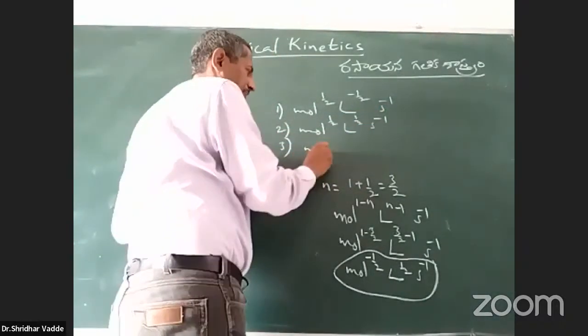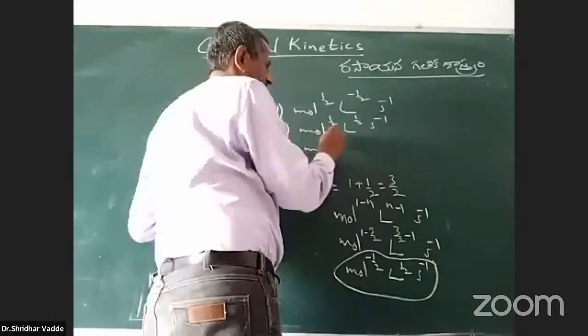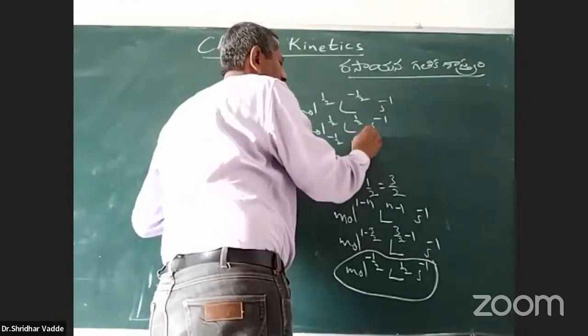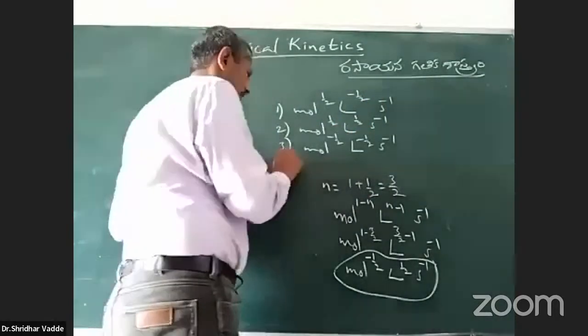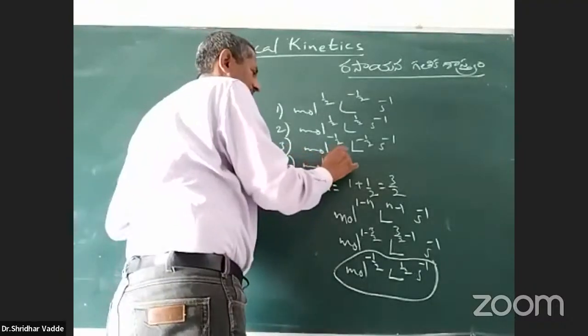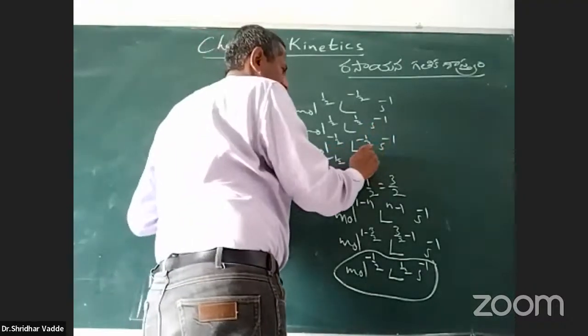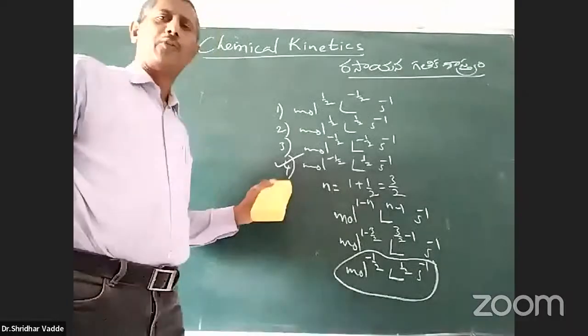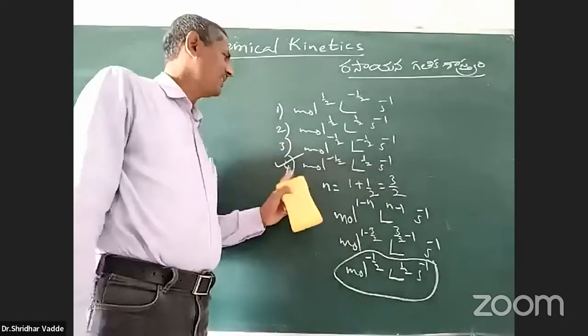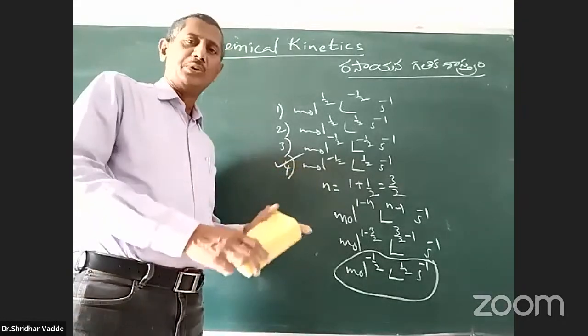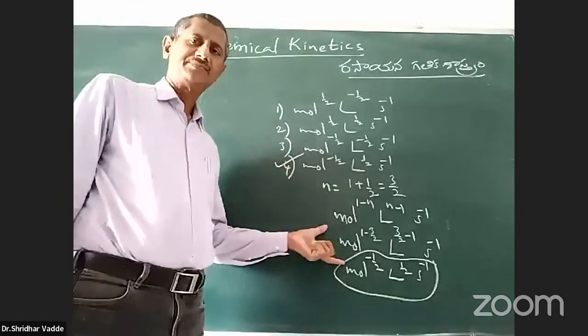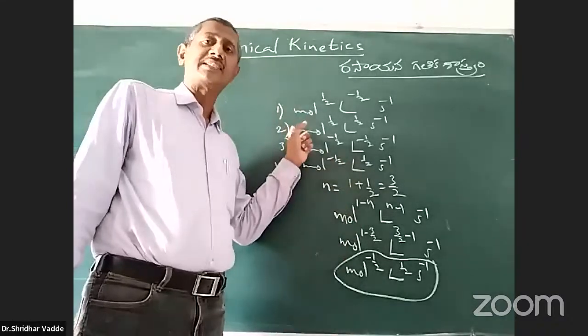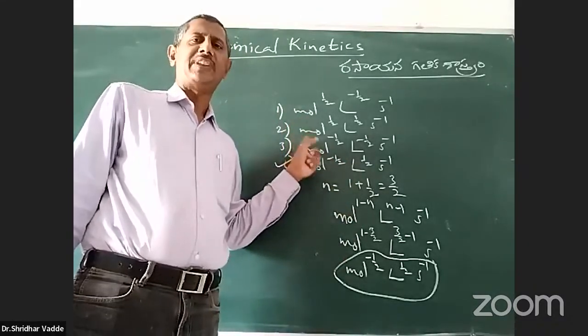Third one, mole minus 1 by 2, liter minus 1 by 2, second inverse. Fourth one, mole minus 1 by 2, liter 1 by 2, second inverse. So our option should be 4. Like that, we should be very cautious. Doing the problem is one thing, and putting the correct answer is the major thing. So we should be very cautious.